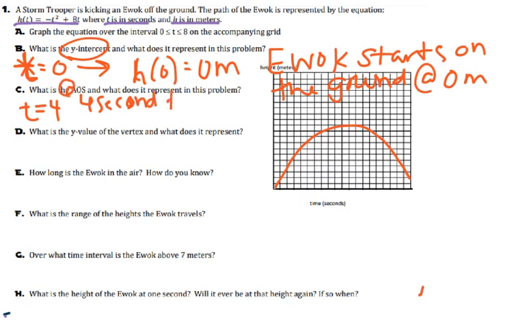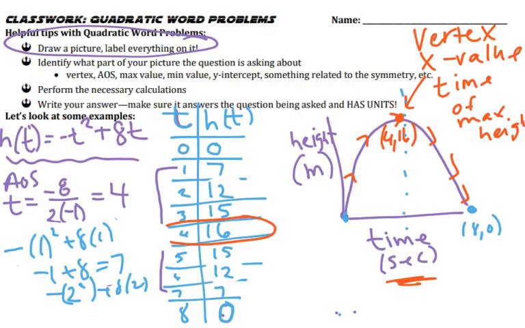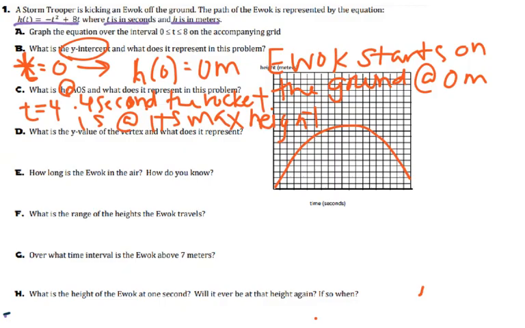At 4 seconds, the rocket is at its maximum height. Now, 4 isn't the maximum height. 4 is the time that that height occurs. What is the y value of the vertex, which was 16? And what does that represent? 16 meters is the maximum height.